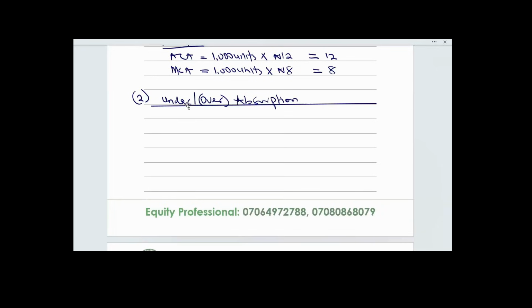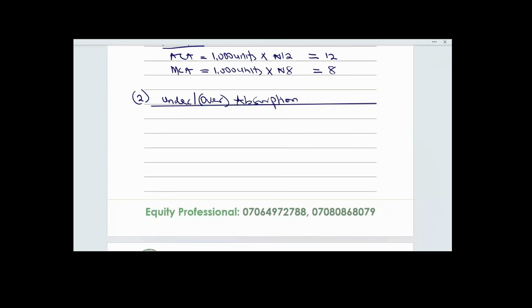But in most cases, the overhead absorbed to products may be different from what was initially planned to be incurred as fixed overhead. So when this happens, it will result in under or over absorption. And we said that when this happens, you need to make adjustment from your cost of goods sold.